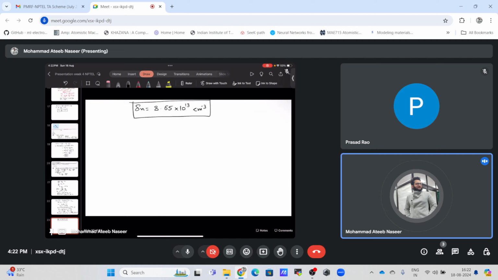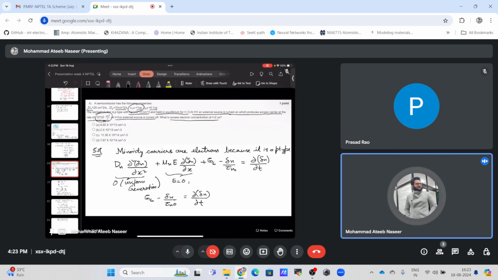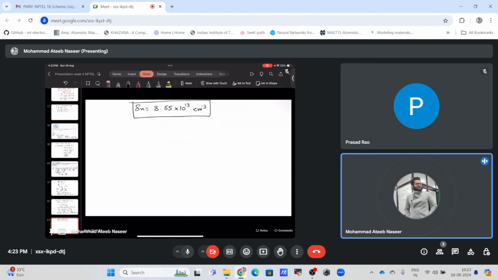So this is the excess electron concentration at 2 microseconds when we have just turned off this source. Okay, so let's check. Option A is, I guess, matching 8.65. So we have done everything correctly.